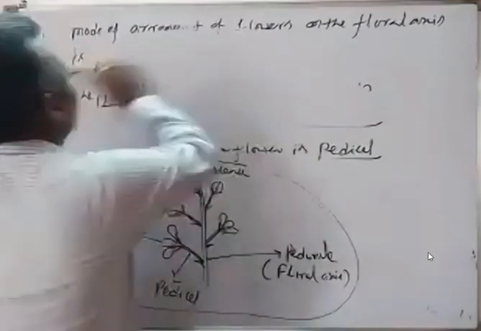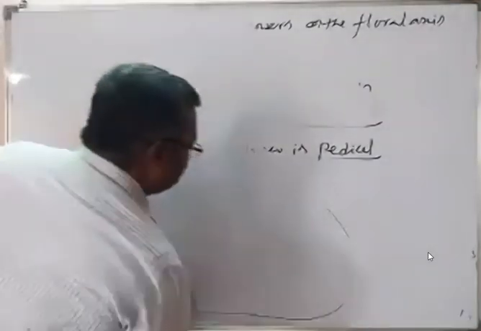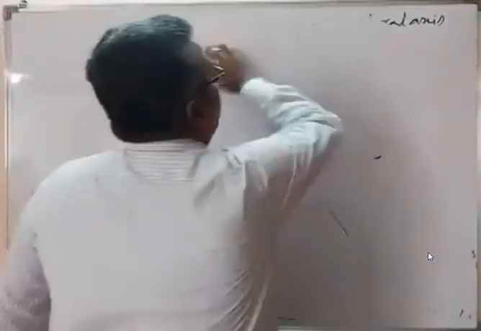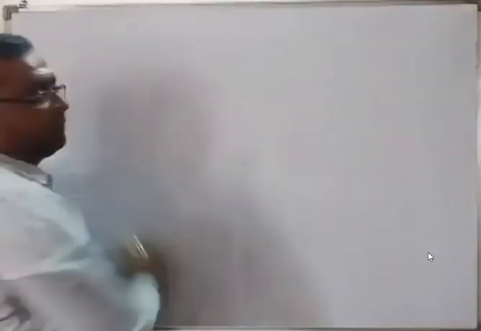So, peduncle is axis of inflorescence. Axis of inflorescence is peduncle.